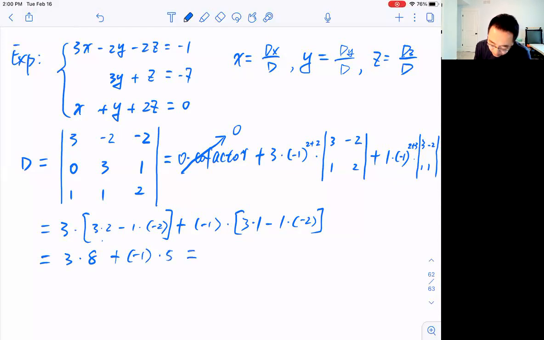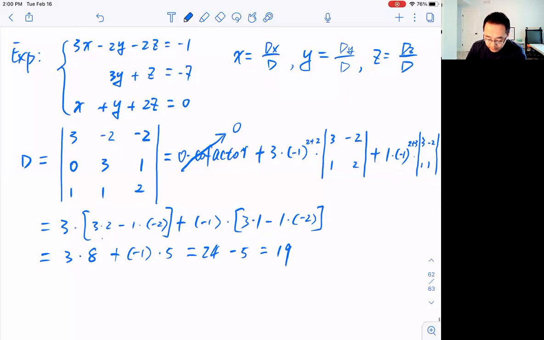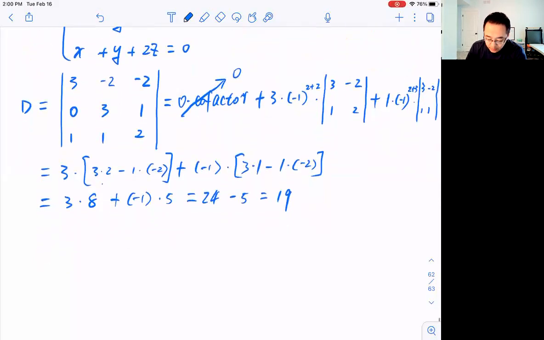So that gives you 24 minus 5, which is 19. So that is your D. That goes into the denominator of all 3 variable solutions. It's not 0, so that's good news. That means this will have one unique solution to this system. So that is the D part.